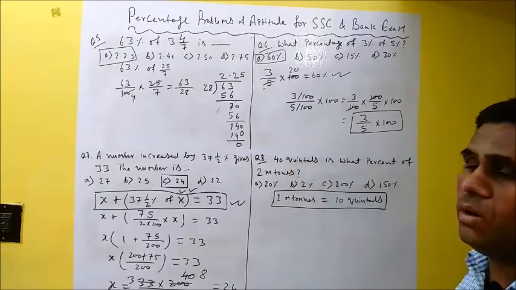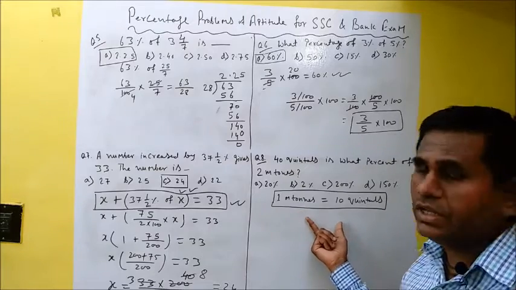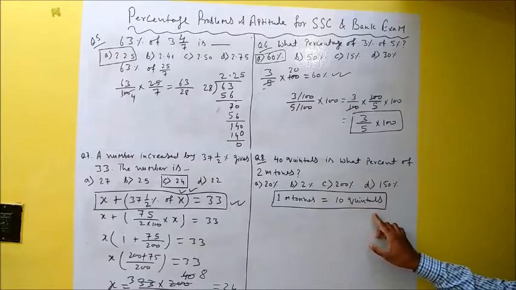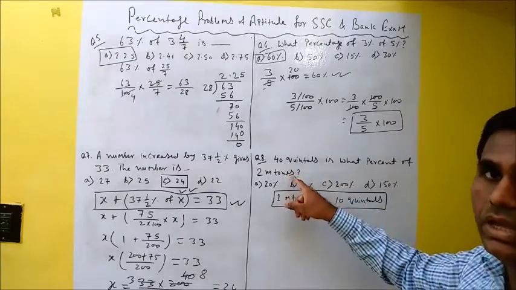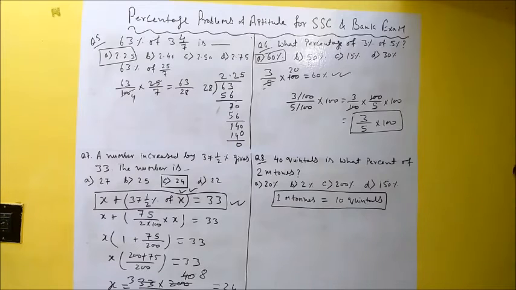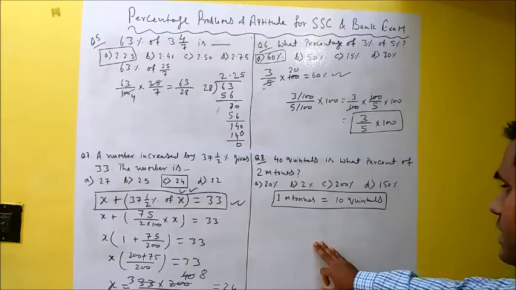Since the unit is not the same, we have to use this relation. I have already written here, 1 metric ton is equal to 10 quintals, and we have to convert either one of them so that we get the correct answer. So let us frame the equation first, then we will do the conversion as well.